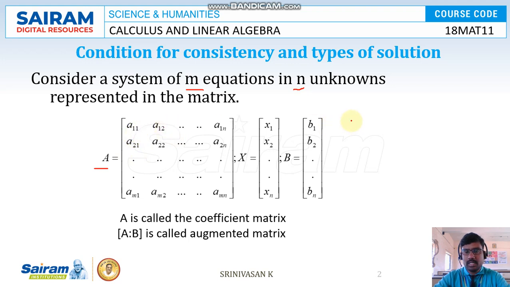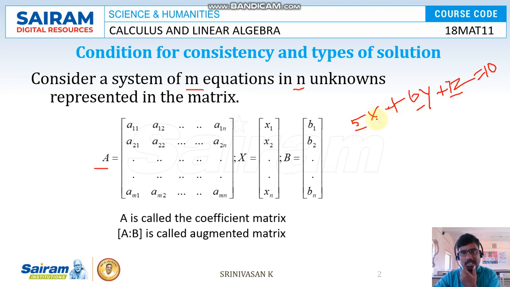For example, if the equation is 5x plus 6y plus 7z equal to 10, then A is the coefficient matrix: 5, 6 and 7. This 5 is denoted by A11, this is A12 and this is A13.